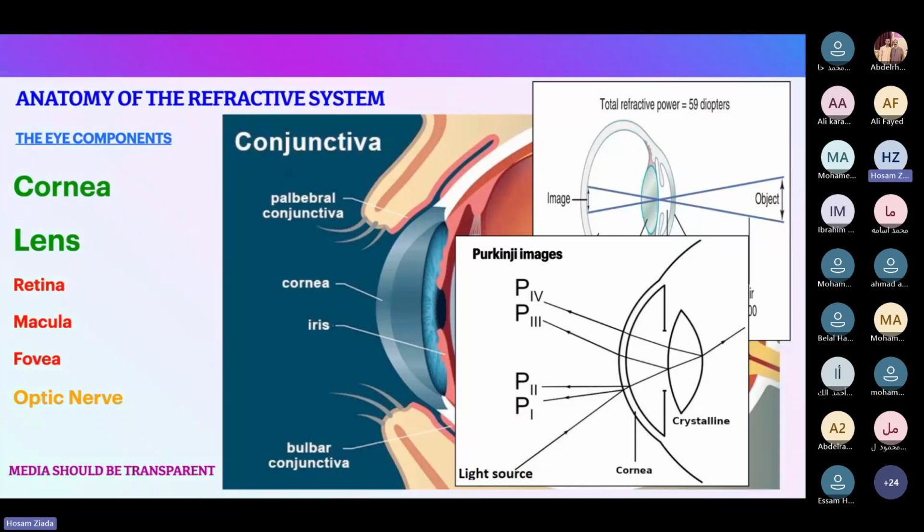Reflection means the light will be directed back to you, the same as if you throw a ball at a wall, this ball will come back to you again.